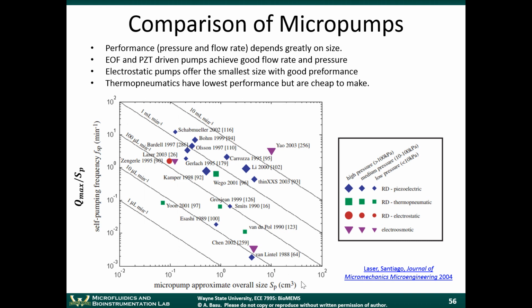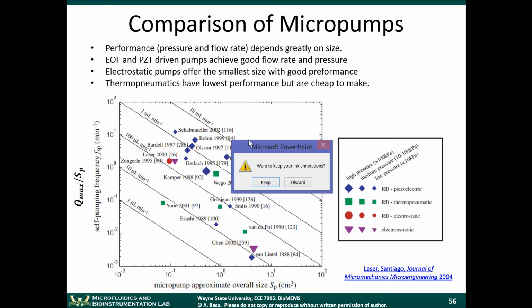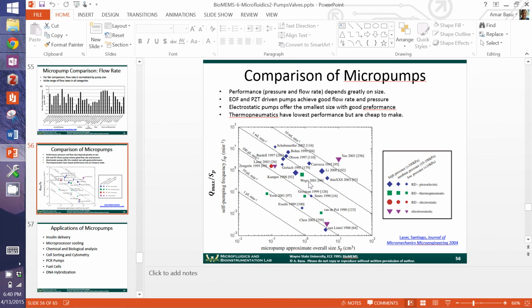The ones used most often in biological or microTAS type systems are the Quake valves and the electroosmotic ones. So we'll end this module here, and we can get into talking about chemical separations.